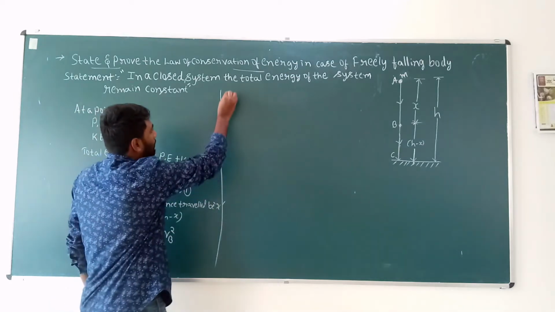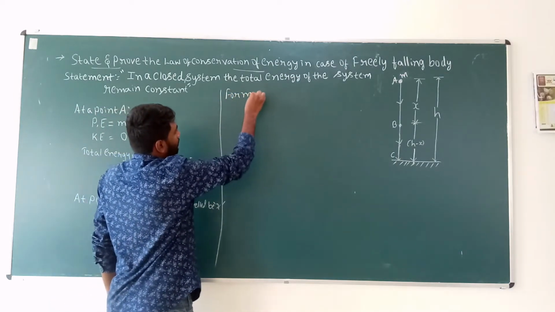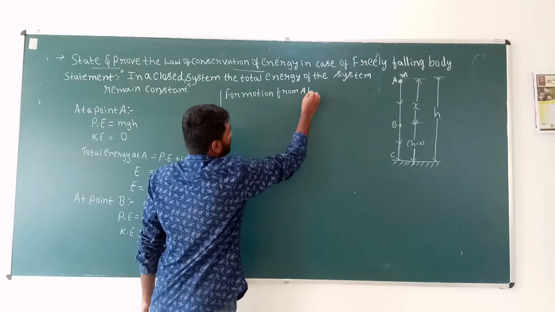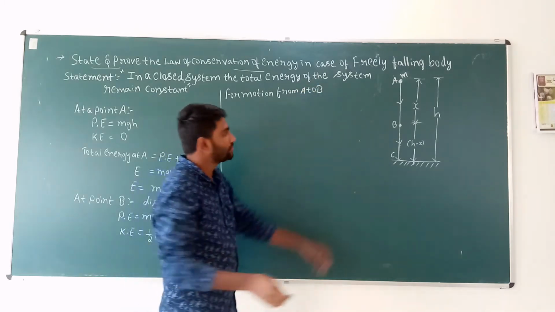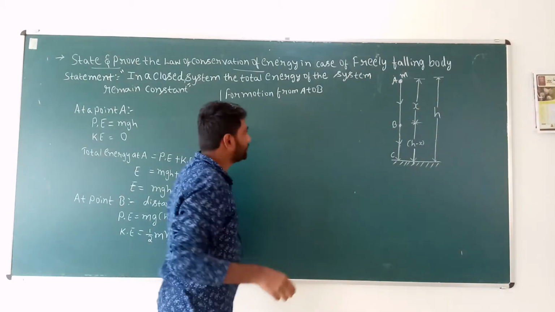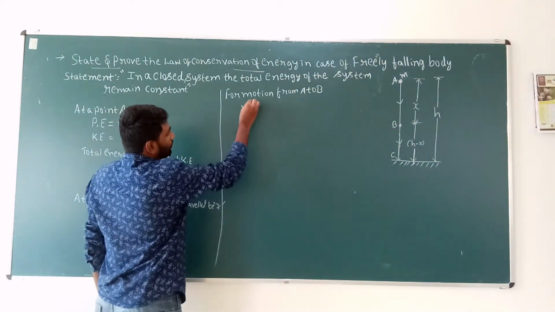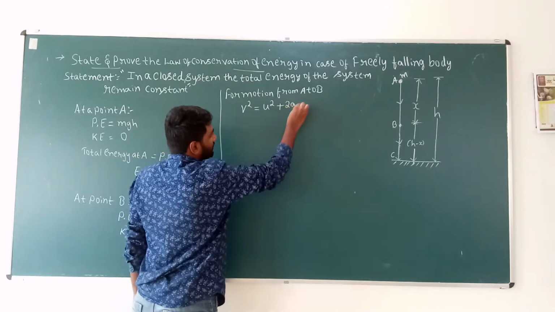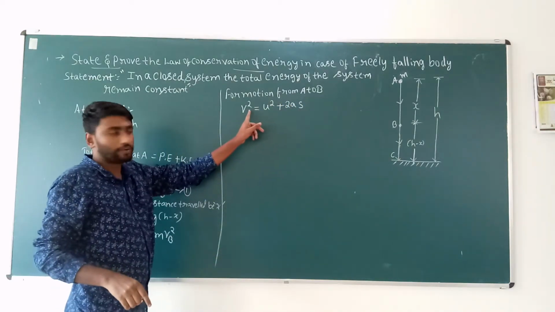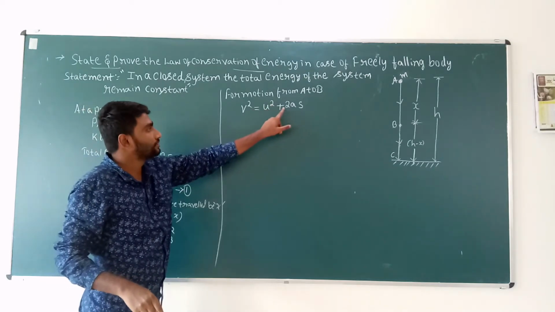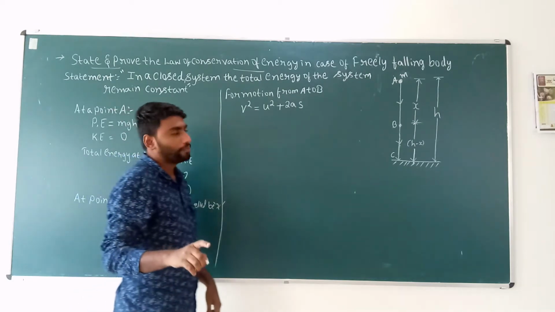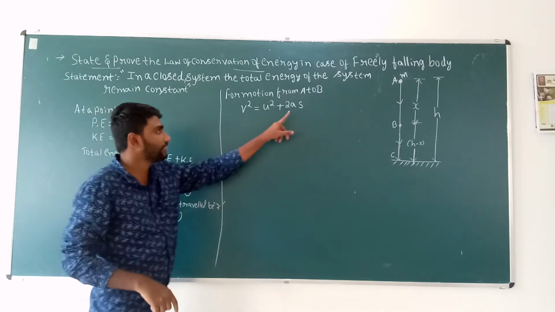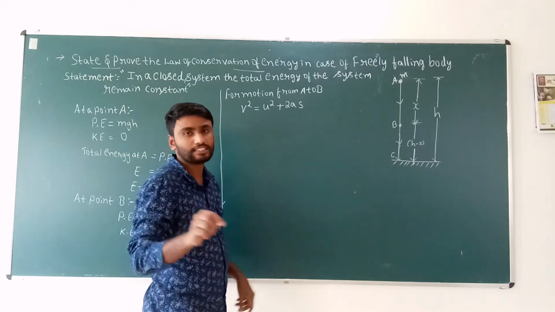For the motion from A to B, we use the linear equation v square equals u square plus 2as, where u is the initial velocity, v is the final velocity, a is the acceleration, and s is the displacement.